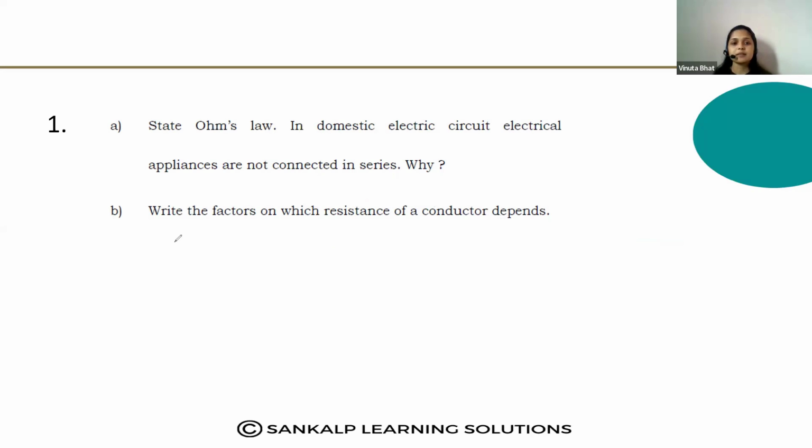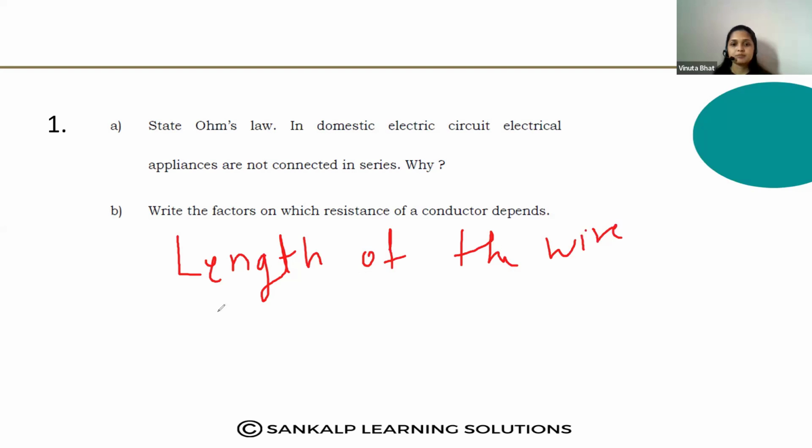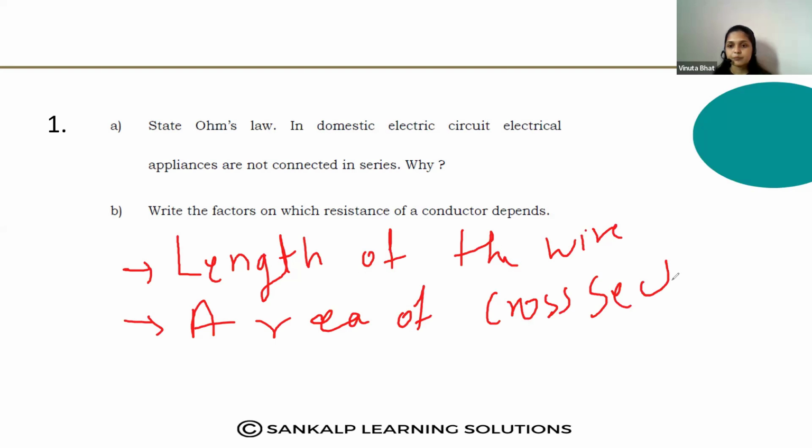The resistance of the conductor depends on the length of the wire, then the length of the wire and the area of cross section. So it depends on the length of the wire and the area of cross section.